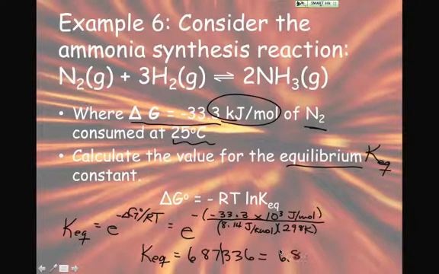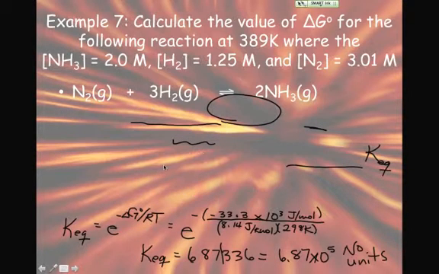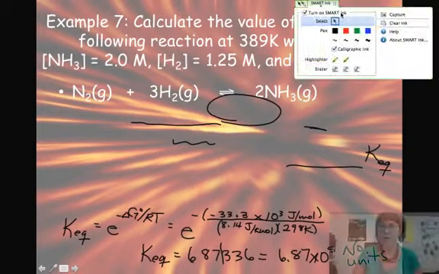So we'll call this 6.87 times 10 to the 5th, and we don't need units because it's an equilibrium expression, so no units required. If you were dealing with little k for a rate constant, then you need units, but not for big K. So that's how we change the Gibbs free energy into our equilibrium constant. Pretty simple, right? Let's try another one like this.